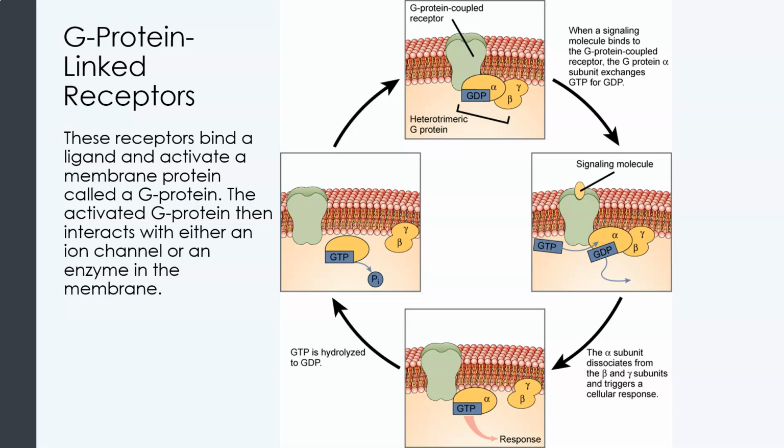Then we have receptors called G protein linked receptors. These receptors bind a ligand, such as what you see here. Here's your signaling molecule or your ligand binding to that cell surface receptor. And then that activates a membrane protein called a G protein.